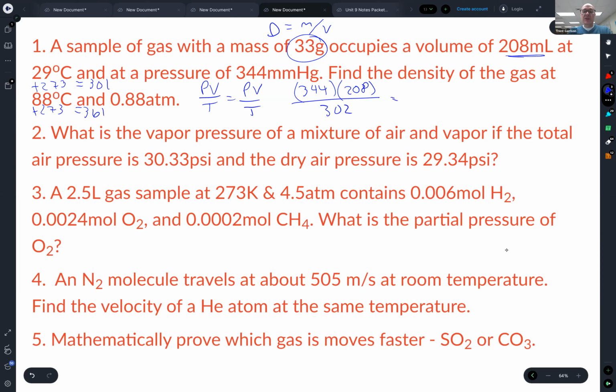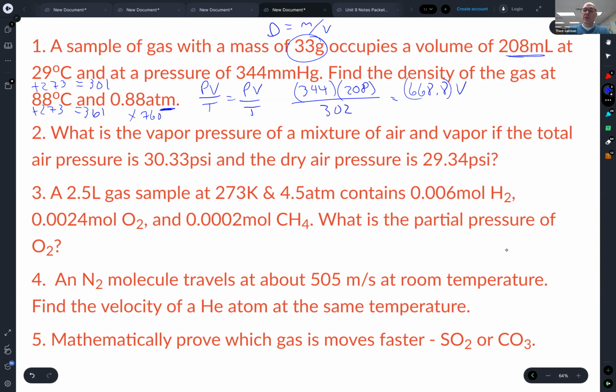So we've got that value over on the right side. My pressure went to 0.88. Ooh, these are different units. So I have to multiply this atmospheres times 760 to turn it into millimeters mercury. That's one of our conversions. That's a difficult step there. 668.8.